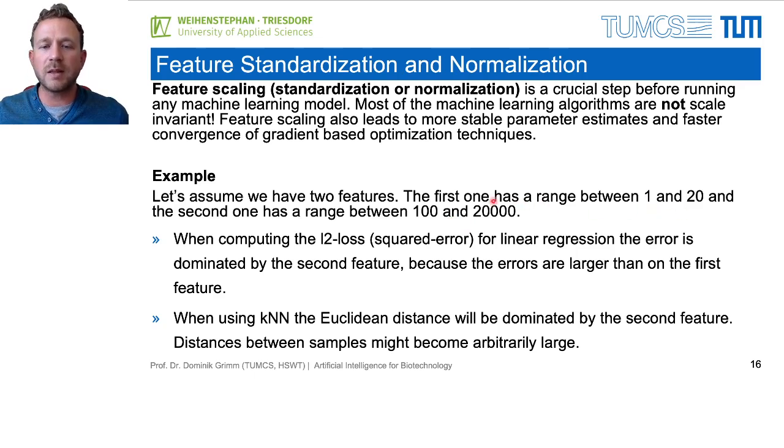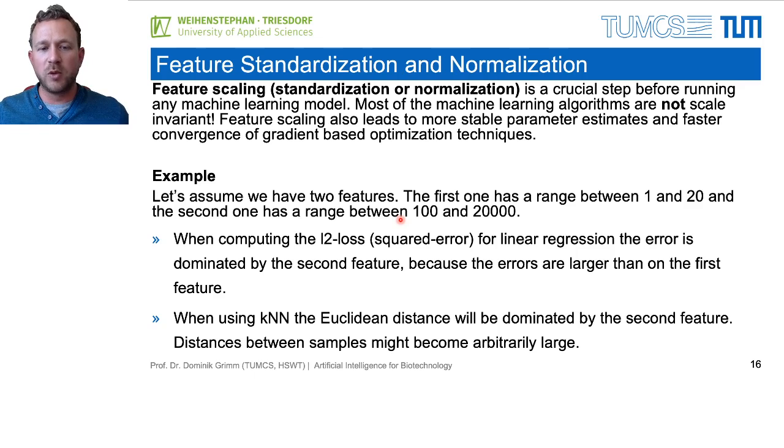So the problem is then, this squared error is dominated by the second feature, which has this larger range compared to this feature. And this might be a problem, because then our optimization problem is more or less only dominated by this feature. The same is true if we look, for example, at a different model, when we use the Euclidean distance in a k-nearest neighbor classifier.